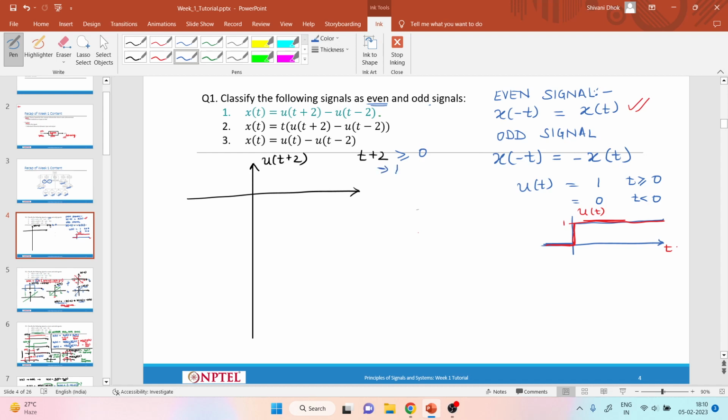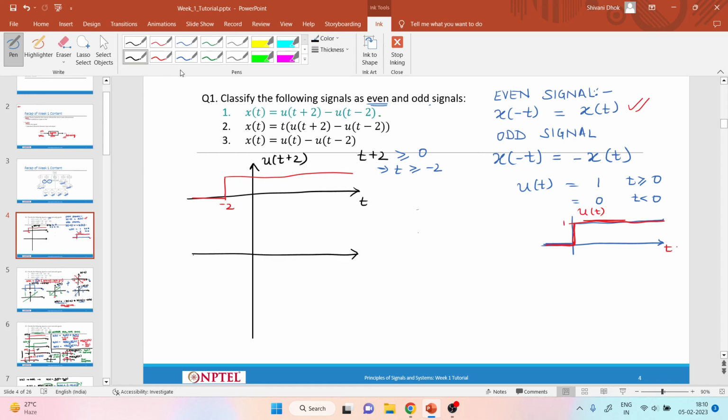Which means that if my t is greater than or equal to minus 2, then it will be non-zero, that is, from minus 2 it will take a value of 1 and extend this to infinity. So this is my u of t plus 2.